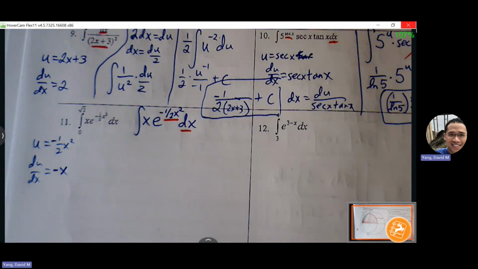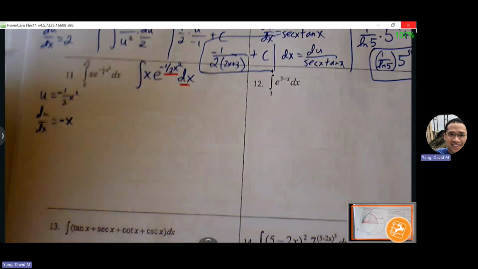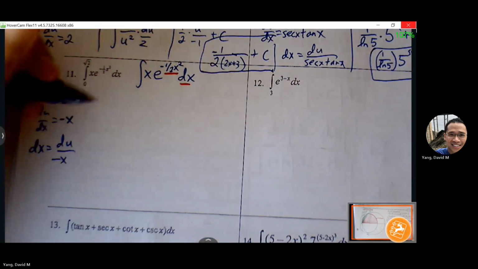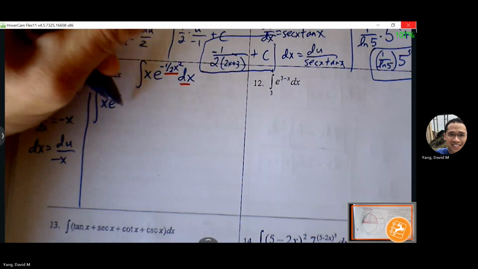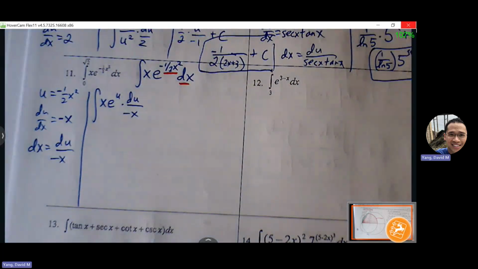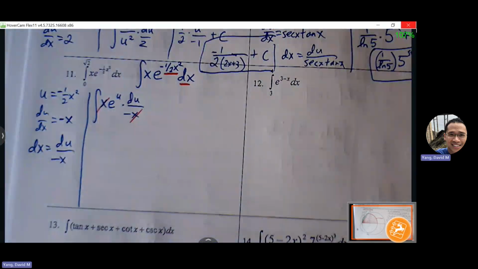The 2 comes down, which cancels out with the 1/2. X squared becomes x. The x's do cancel out, but there's a leftover what? -1.